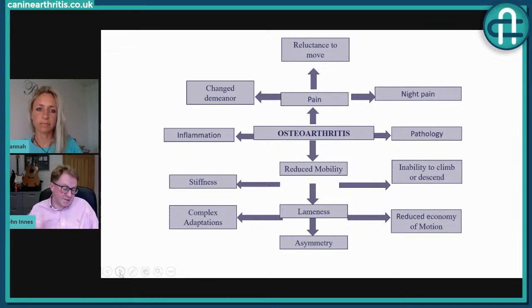And night pain is one of those that patients with more advanced arthritis might suffer from. And there is evidence that night pain, pain that stops you sleeping, wakes you up at night, actually also occurs in dogs too. So I think we need to develop our empathy skills when we're thinking about our doggy friends that have got arthritis, because they're probably experiencing exactly the same things that human patients would experience.